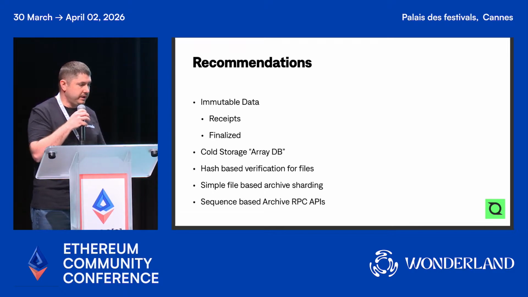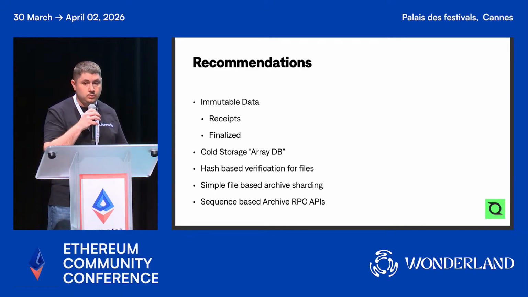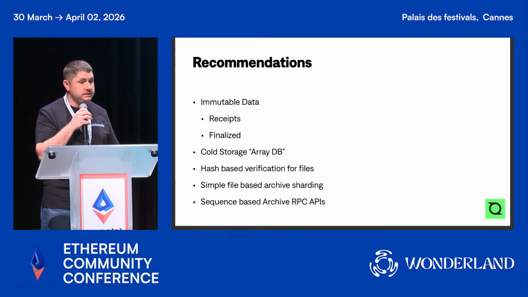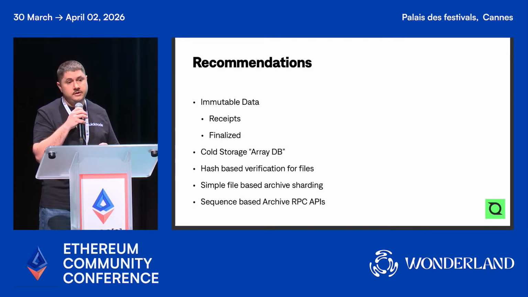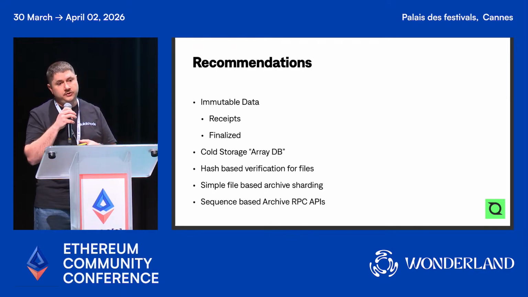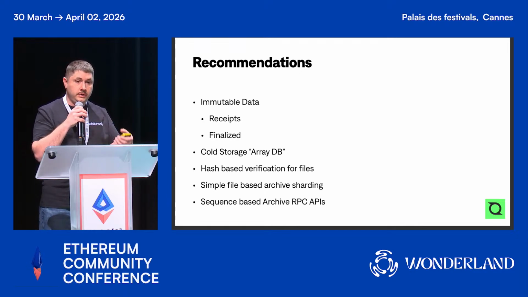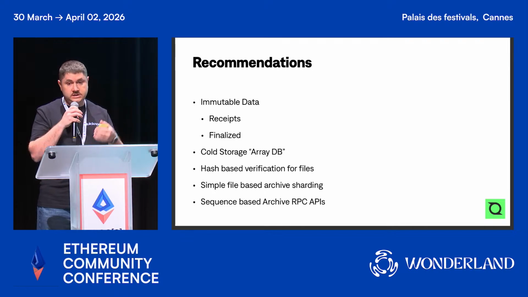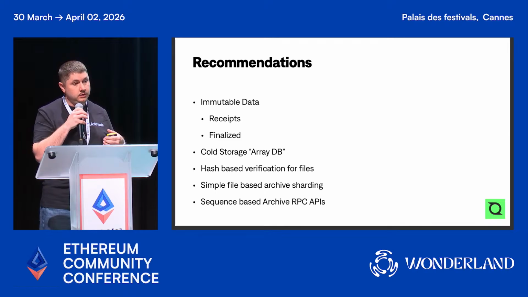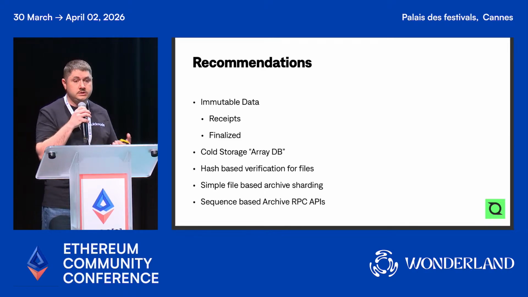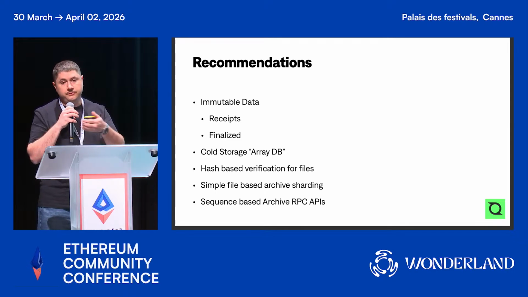And then the last recommendation is we should also update our RPC APIs. When it's archive, there should be constraints and optimizations put on what you're doing when you're requesting archive information. By doing a sequence-based one, a lot of times if you're doing data analytics and you want to suck out the whole chain, you're going from genesis to tip.